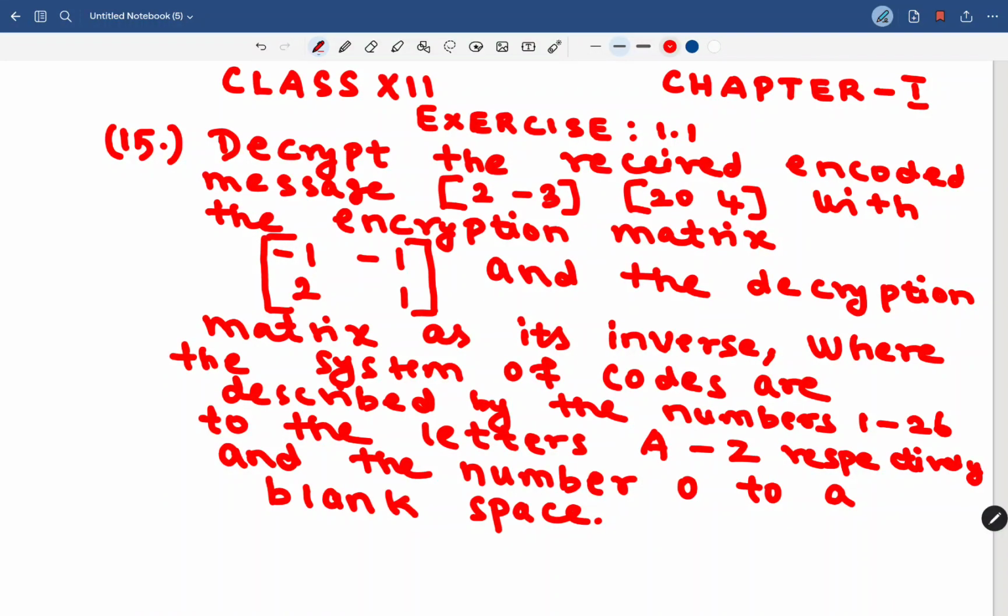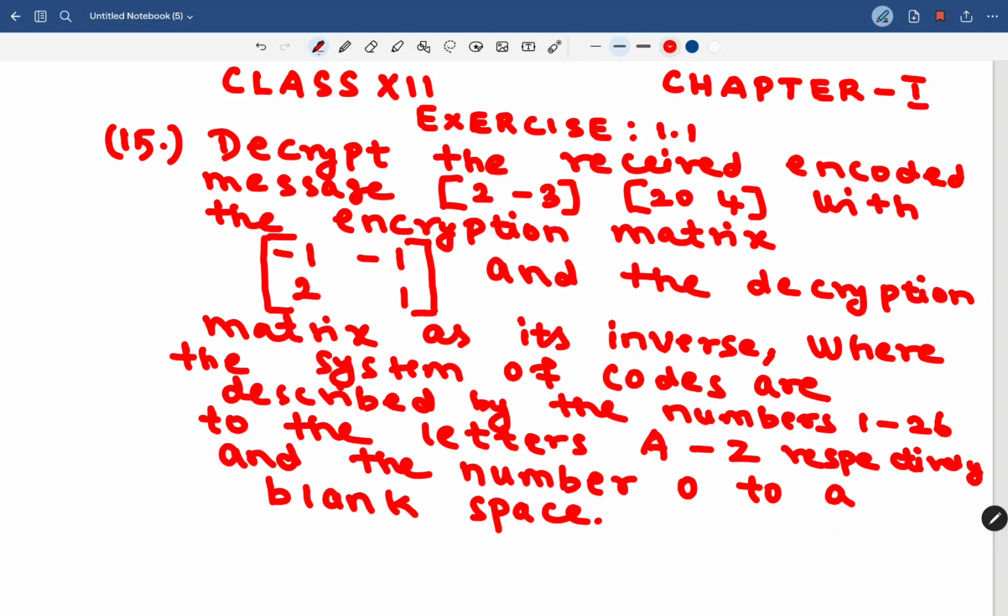Today I am going to discuss a problem from the Class 12 Tamil Nadu State Board Mathematics textbook. Chapter 1, Application of Matrices and Determinants, Exercise 1.1, problem number 15.